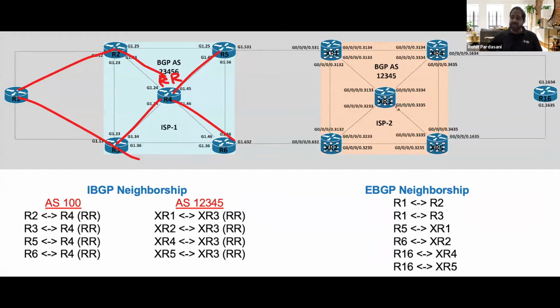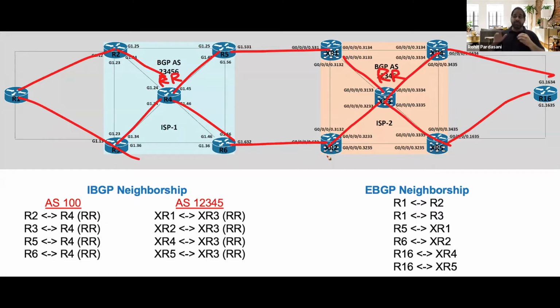In BGP AS 12345, I have again iBGP neighborship with the route reflector, which is XR3. And there is eBGP with R16. There's eBGP between 5 and XR1, and eBGP between 6 and XR2. So this is my BGP neighborship topology.